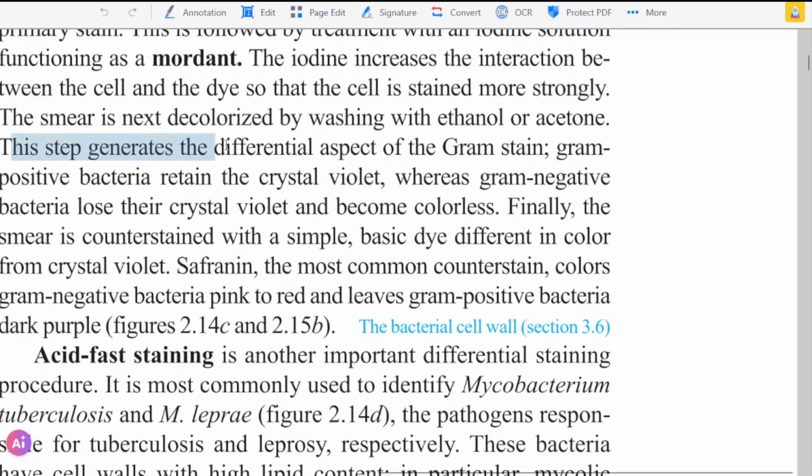This step generates the differential aspect of gram staining, and it's why gram staining comes under the category of differential staining. The gram positive bacteria retain the crystal violet, whereas the gram negative bacteria lose their crystal violet color and become colorless after washing with ethanol or acetone.